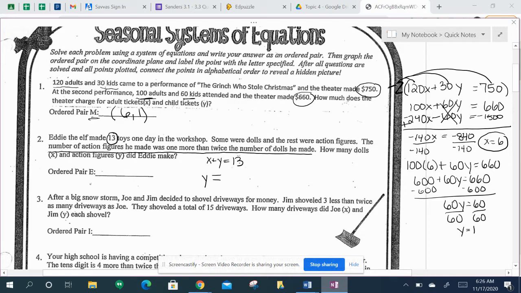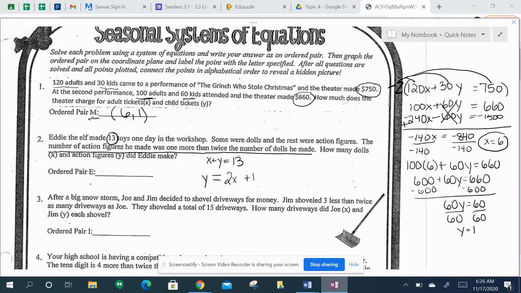One more means I'm adding one. Then twice the number of dolls. Twice means 2 times. So since dolls is x, 2 times x. So let's read that one more time. The number of action figures he made, y, equals one more than, so I'm adding 1 to twice the number of dolls, 2x. All right, I have my 2 equations.